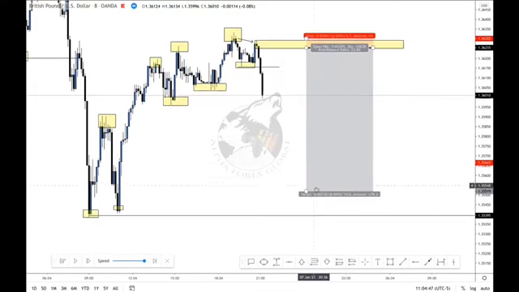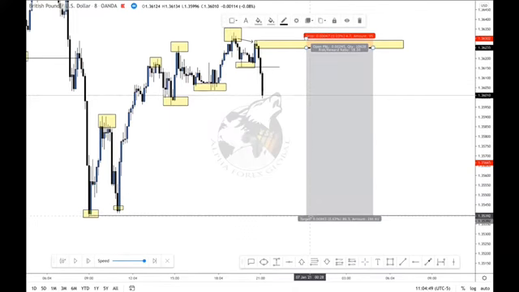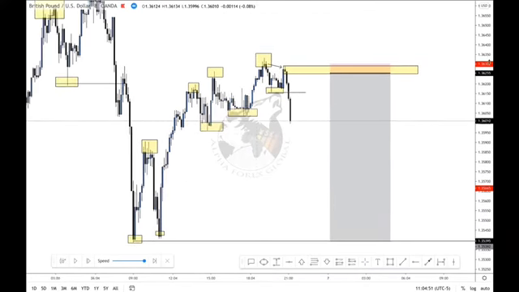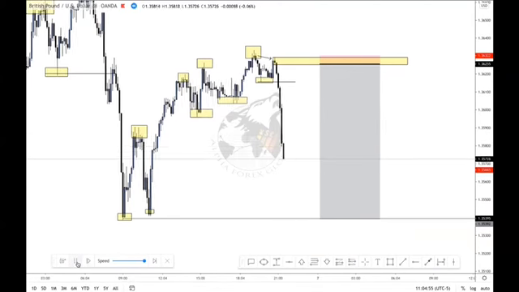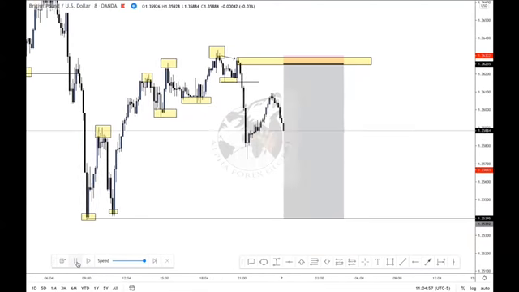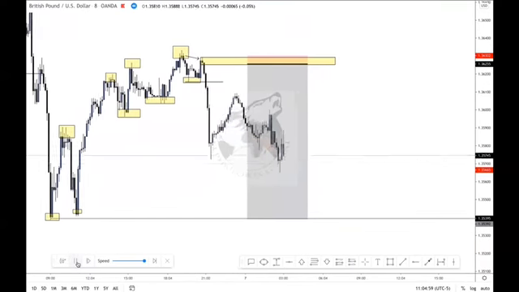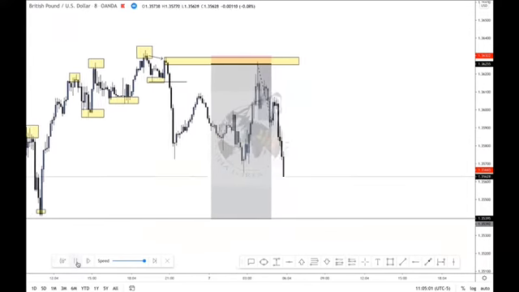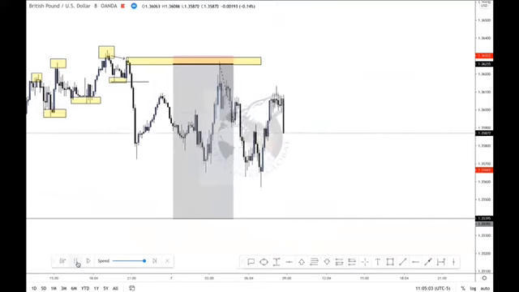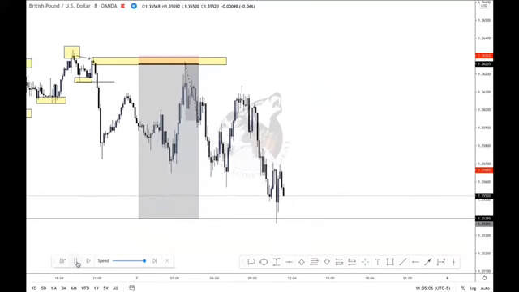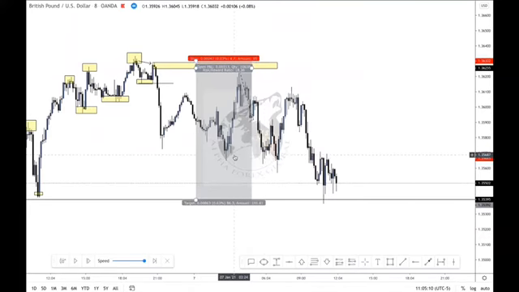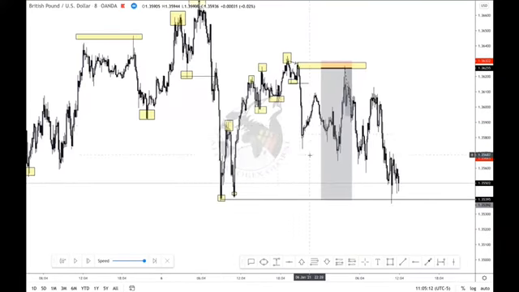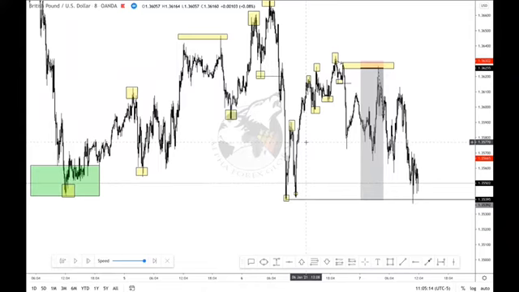And then target all the way down here, right? Easy 1 to 18, easy 1 to 18, right?